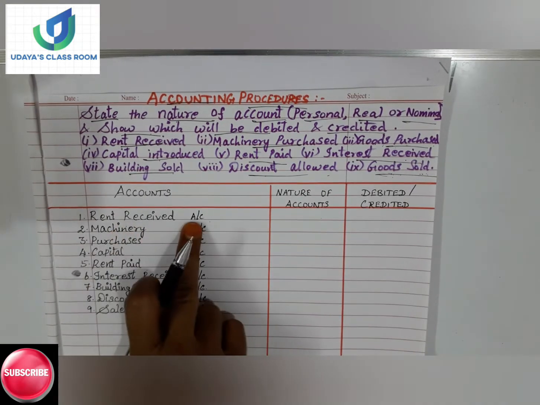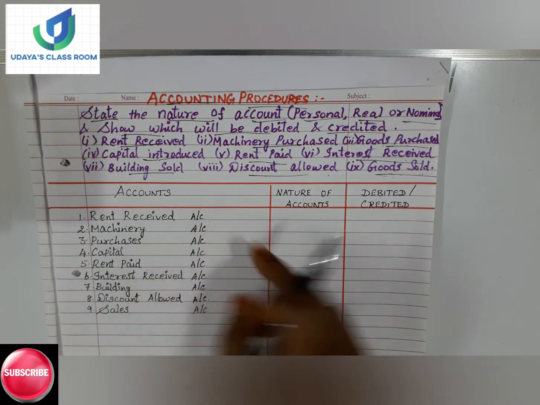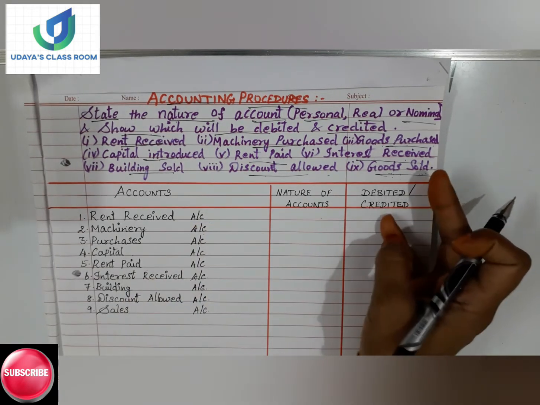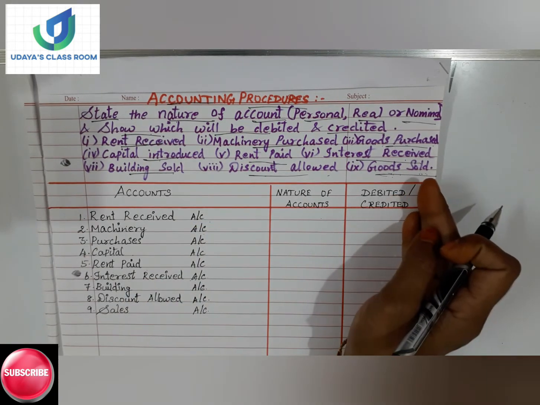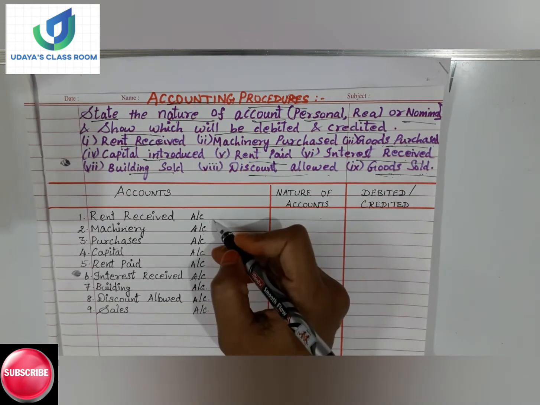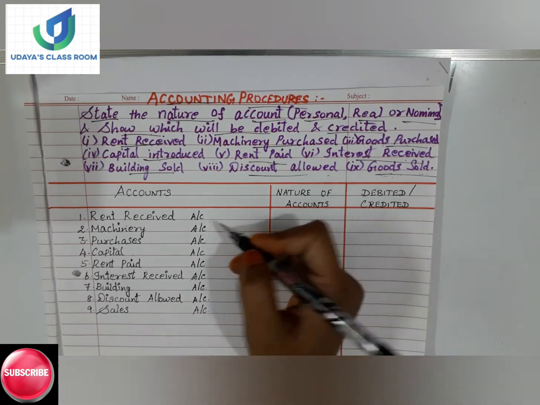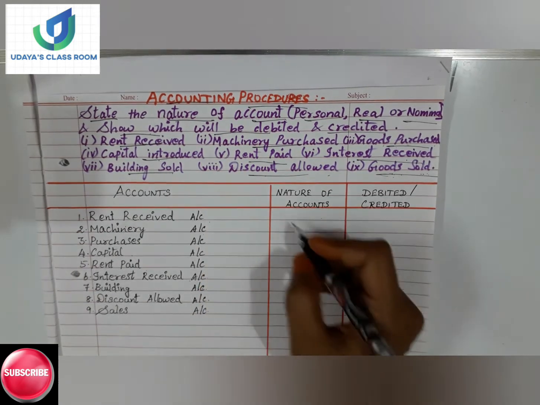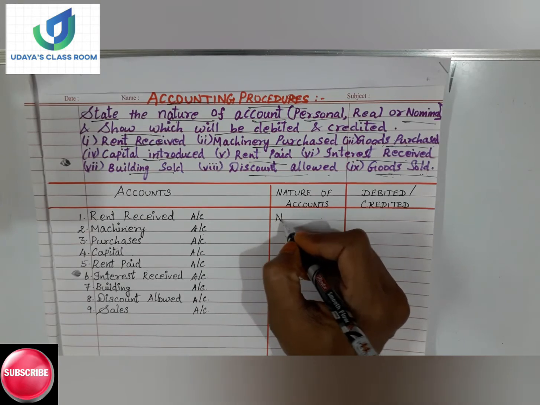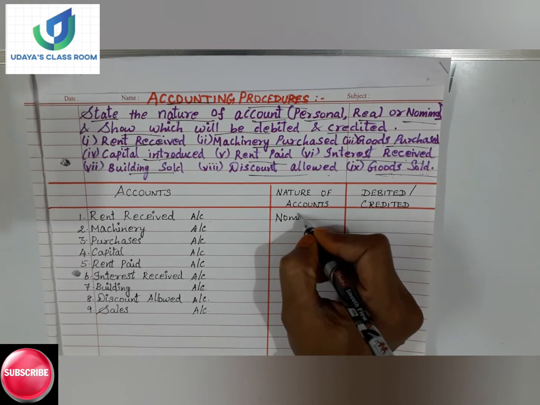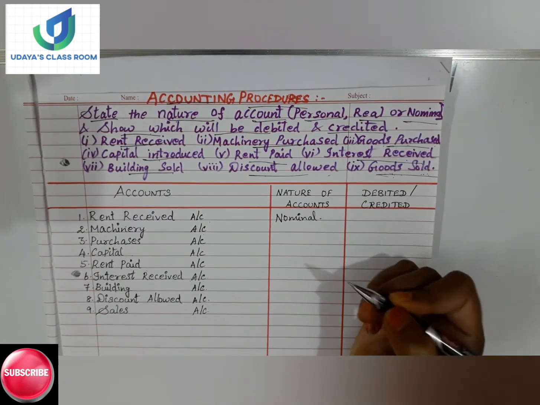Okay, rent received account. Rent received account coming under which nature of account, whether it is a personal account, real account or nominal account. It is not related to person, so it is not personal account also. It is not related to asset, so it is not real account also. So nominal account. Nature of account is nominal account.